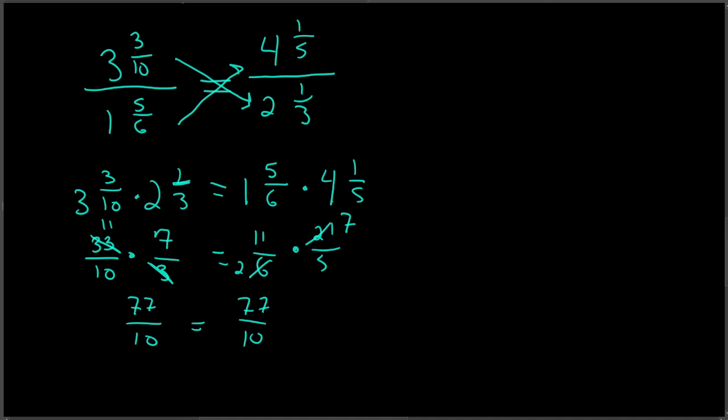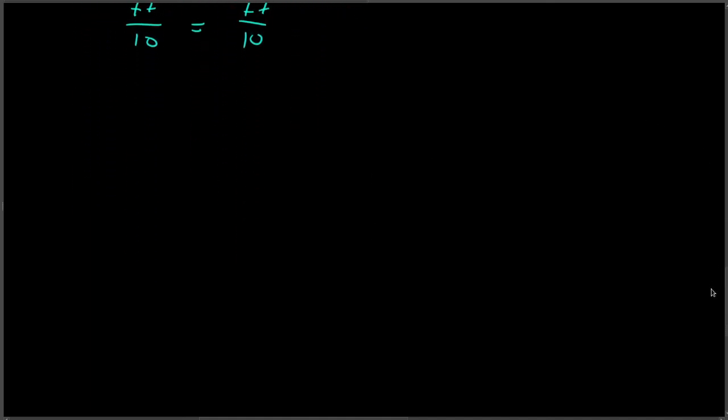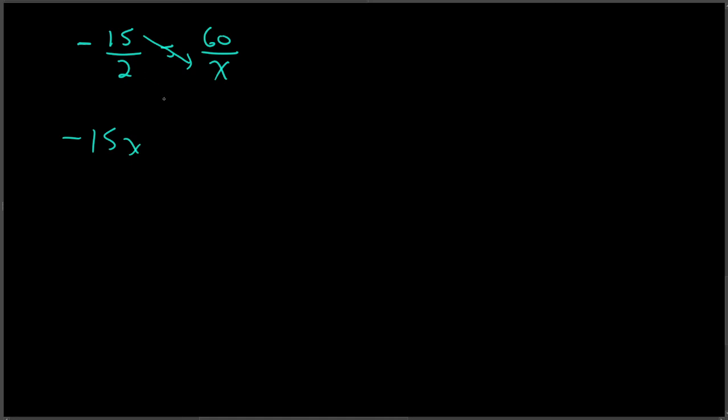Where proportions really come in handy is if we know things have a proportional relationship and there's an unknown number in it. So let's say I have negative 15 to 2 is equal to 60 to x. There's some unknown. So again, I'll use my cross product. I'll multiply this way first. Negative 15x is equal to 2 times 60, which is 120.